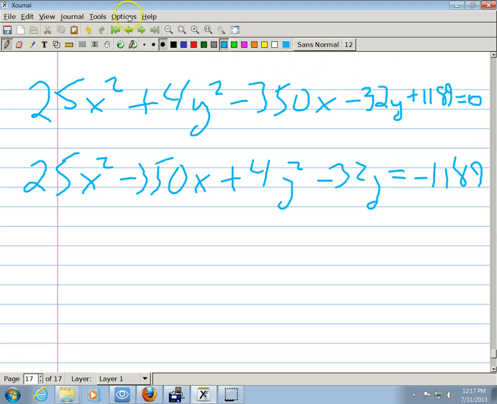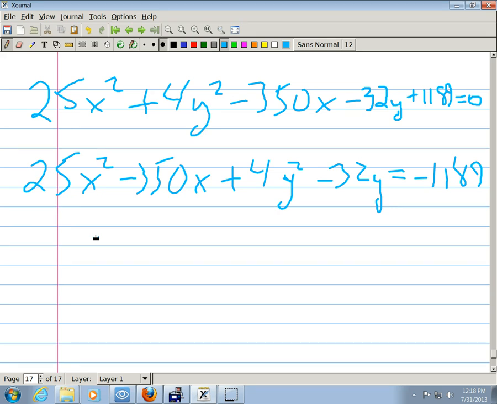Okay, let me clean that up a little bit. Pretend that's a y. All right, so first step now, after we get the x's together, the y's together, the numbers out of the way, factor out the 25, factor out the 4.